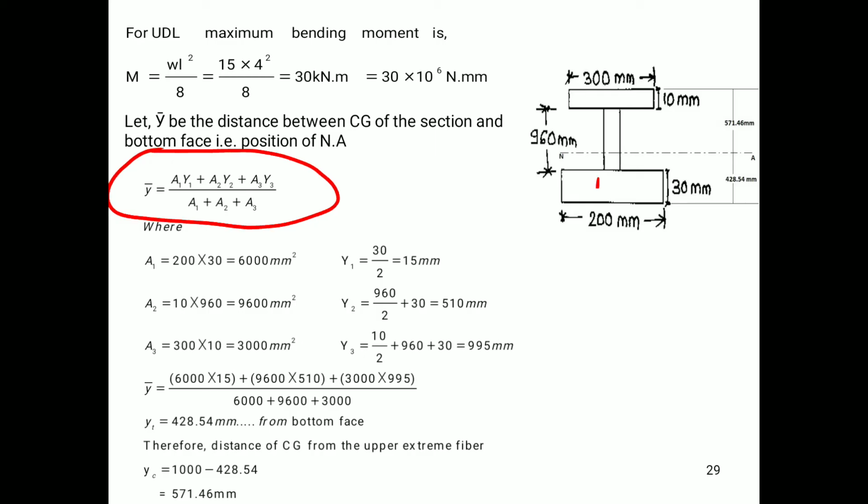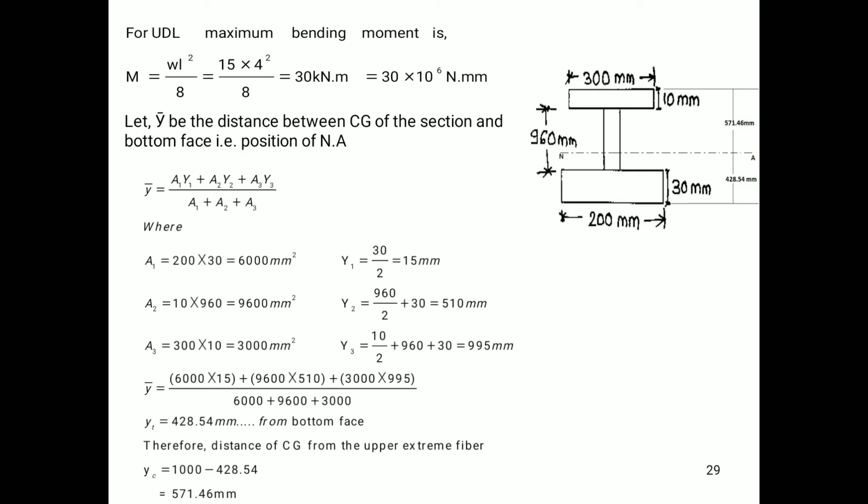Because this is the first section of the I section, this is the second section, and this is the third section. Therefore, as we have three sections, we will use the formula of y bar equal to a1y1 plus a2y2 plus a3y3 upon a1 plus a2 plus a3. Individual effect we have considered.